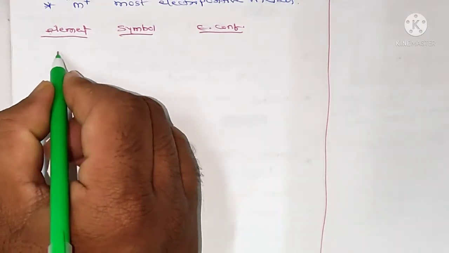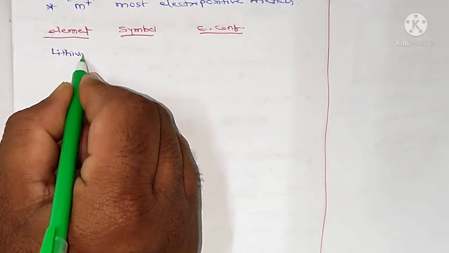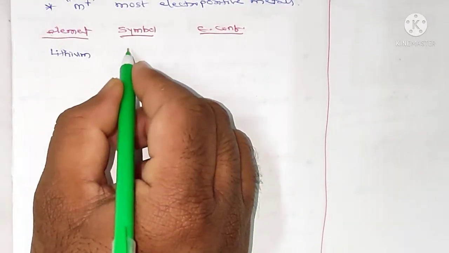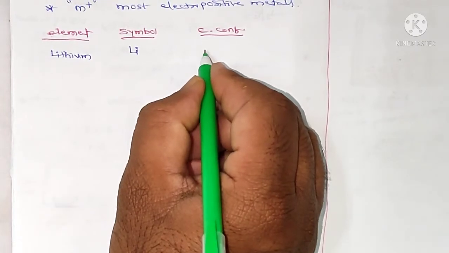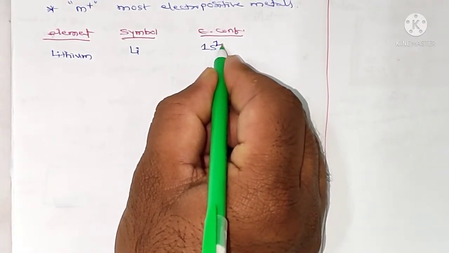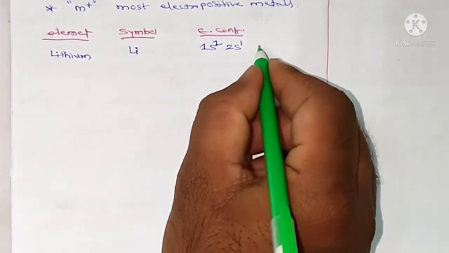So the first element is lithium, the symbol is Li, and the electronic configuration is 1s2 2s1.